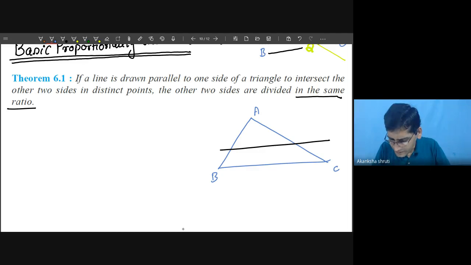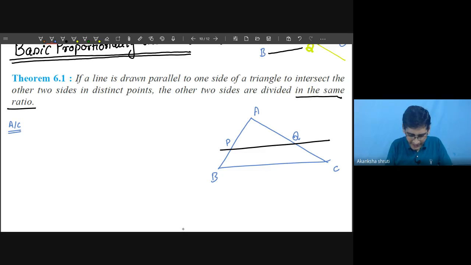Let us call the point of intersection of this line over AB at P and the intersecting point over AC as Q. Then according to this theorem, the ratio that we can take with reference to this point P over the side AB, the same kind of ratio we have to take for the point Q over the side AC.